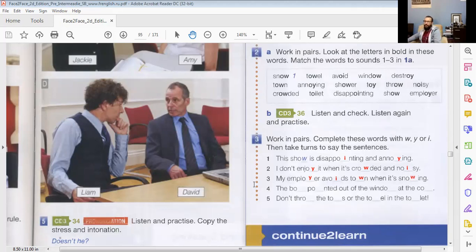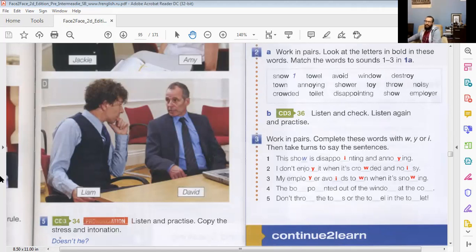Okay, and number 4? The boy pointed out the window at the cow. Yes. That's correct. What's the meaning of this sentence? Can you say it again, all of it?